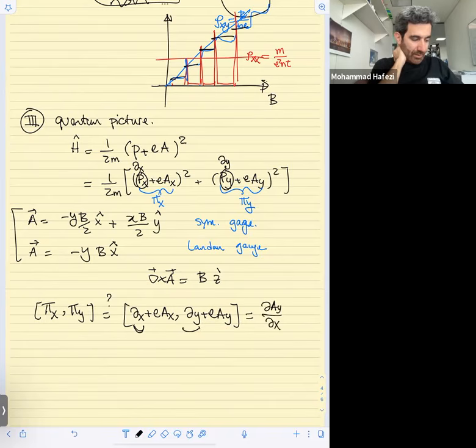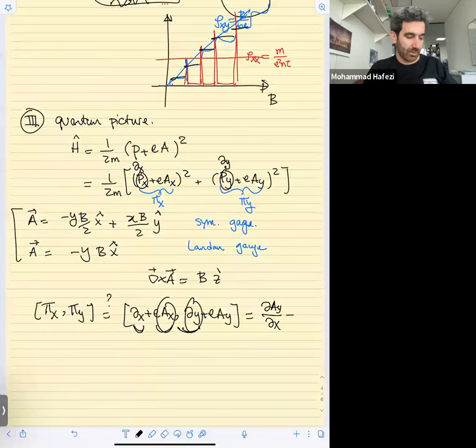And when I look at this term and this term, it will give me a minus sign, because now I look into the commutator. It will give me the derivative of Ax with respect to y. And again, this one and this one commute with each other because they're just two functions of position, either in the x or in the y direction.